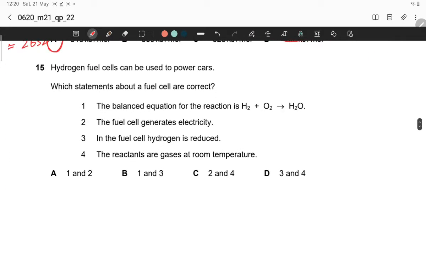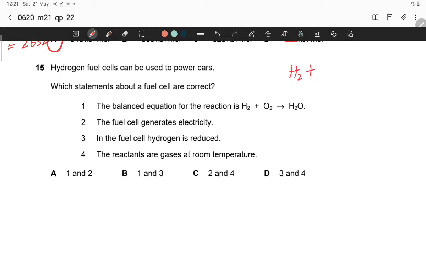Next question. Question number 15. Hydrogen fuel cells can be used to power cars. Which statements about fuel cells are correct? The balanced equation for the reaction is H2 plus O2. This is not a balanced equation.